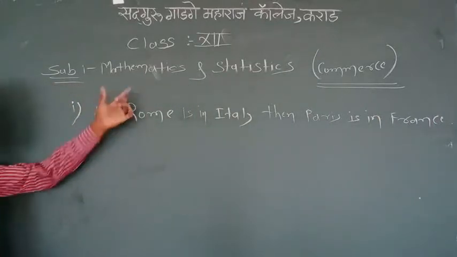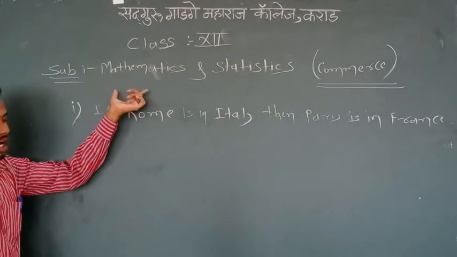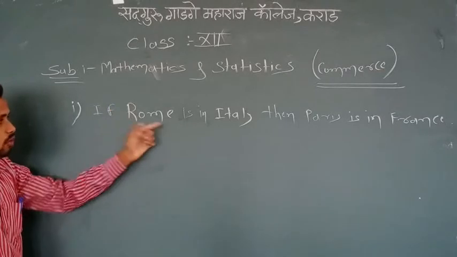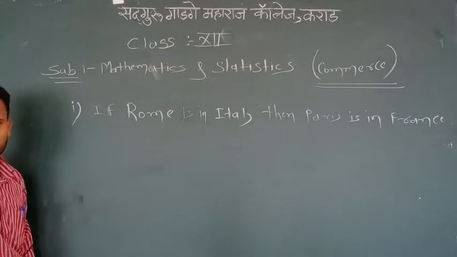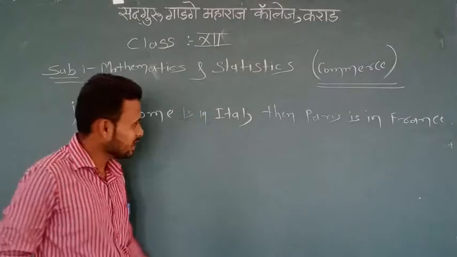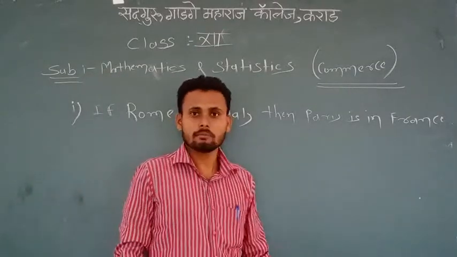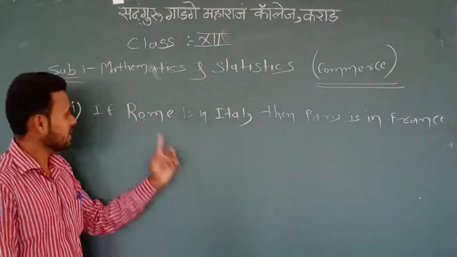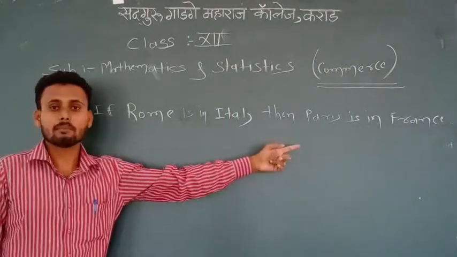Question what I have here? Write the truth value of the following statement. If Rome is in Italy, then Paris is in France. We have to find the truth value of that compound statement.